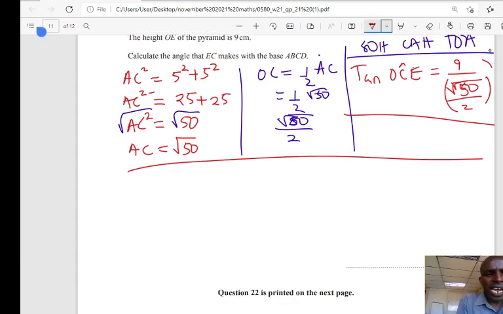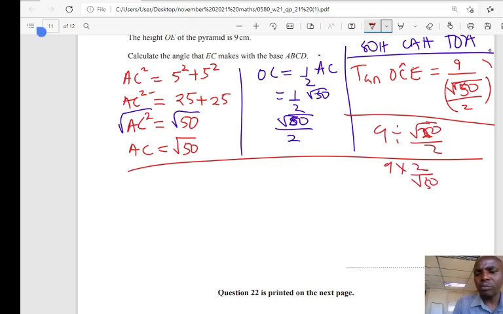You say it's 9 divided by root 50 over 2. Then it's 9 times 2 over root 50. This one can be simplified to 18 over root 50. Like this. So it will be tan OCE is equal to 18 over root of 50.